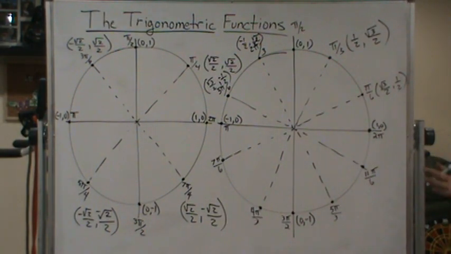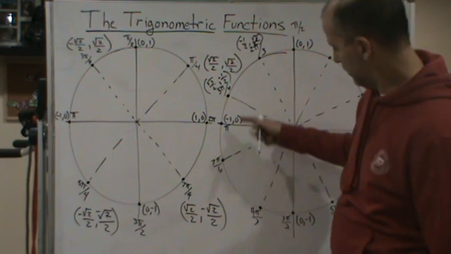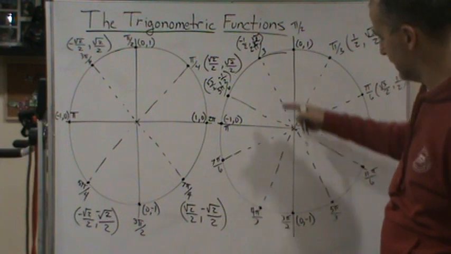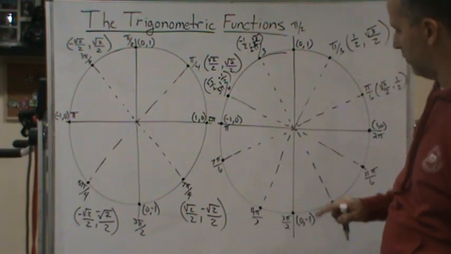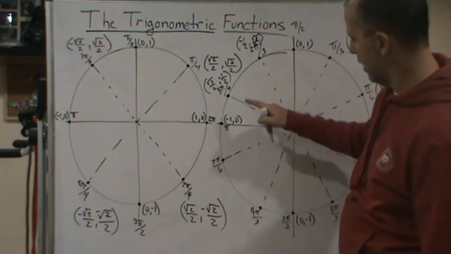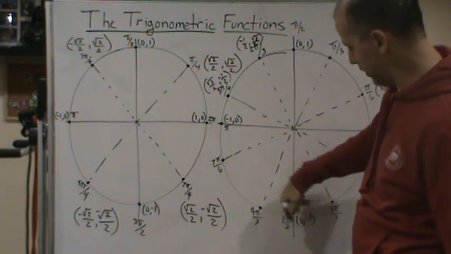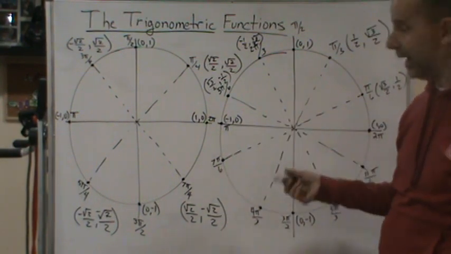And so if we keep doing this, these are reflected across the x-axis, and these are reflected across the x-axis. So that means the y variable is going to go negative. Actually, they're in the third quadrant, so we know they're both negative anyway.